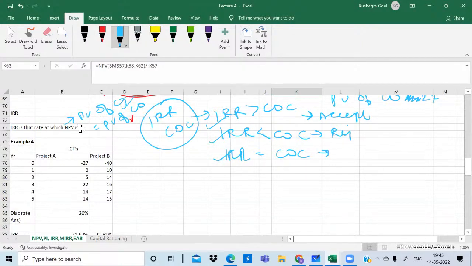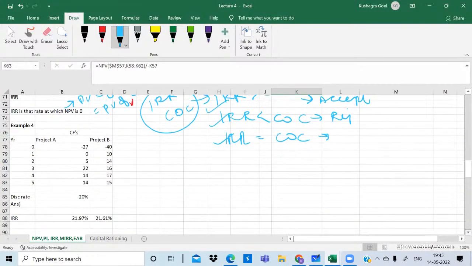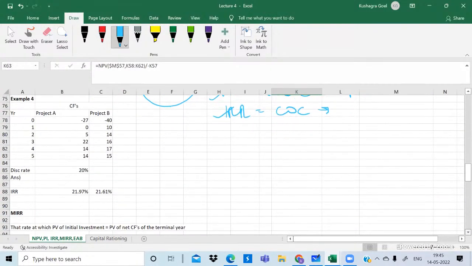If you want your NPV to be 0, present value of inflow minus present value of outflow is 0. So present value of inflow is equal to present value of outflow. So IRR is that rate at which either NPV is 0 or present value of inflow is equal to present value of cash outflows. Let's look at a question as to how you calculate your IRR.